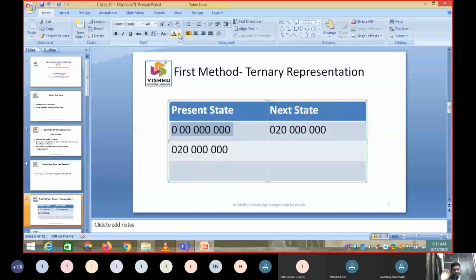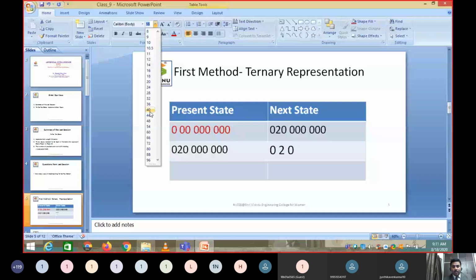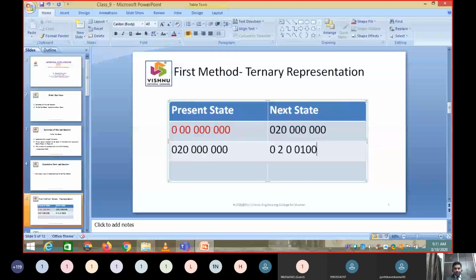Who has to play next? 1. So assume that 1 is playing like this. So 1 has played like this. Is this valid? Is the next state valid? Yes, sir. Yes, it is valid.